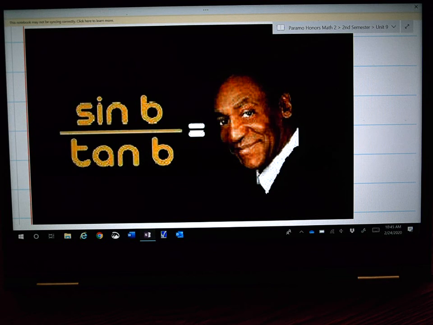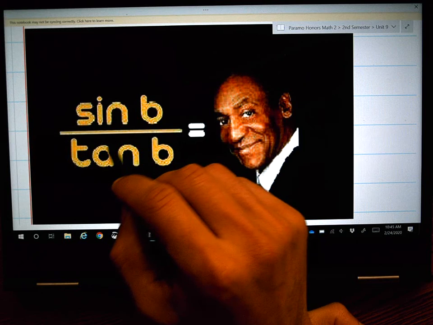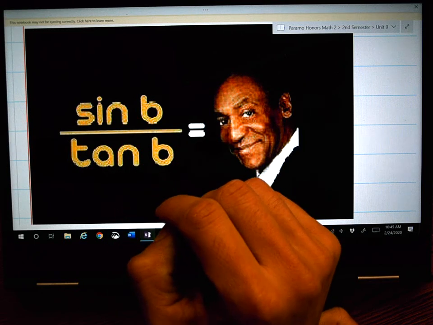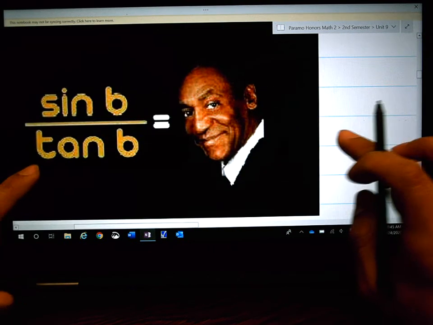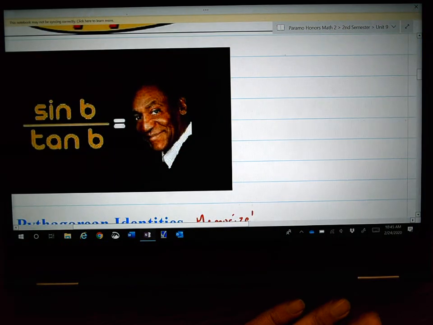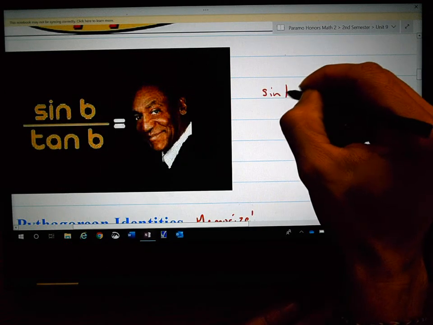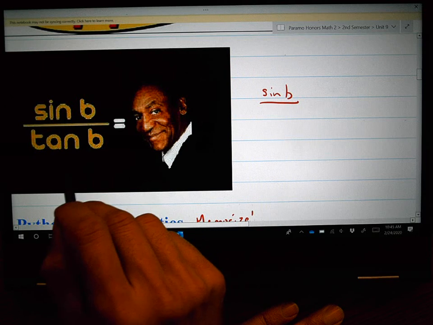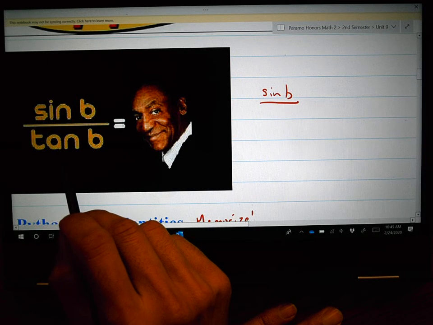So this is the sine of angle B divided by the tangent of angle B. And if you're wondering how the problems are going to look at this. Sine of B. Tangent of B can also be written as, let's switch it to its quotient identity.